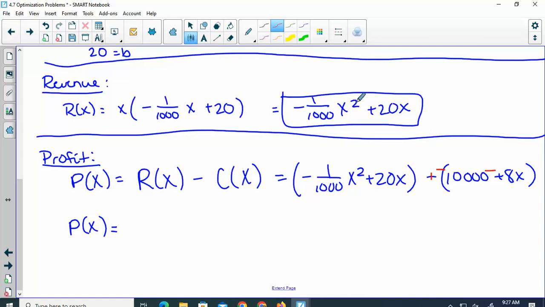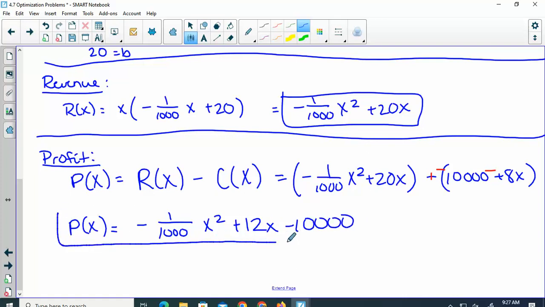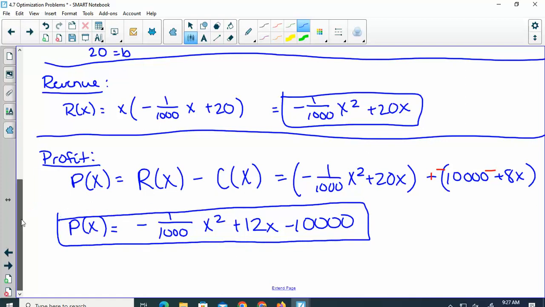So for our profit, we get negative 1 over 1,000 x squared plus 20x minus 8x would be 12x, minus 10,000. So here's my profit. Finally, all that work was just to get to the equation that I'm trying to maximize.